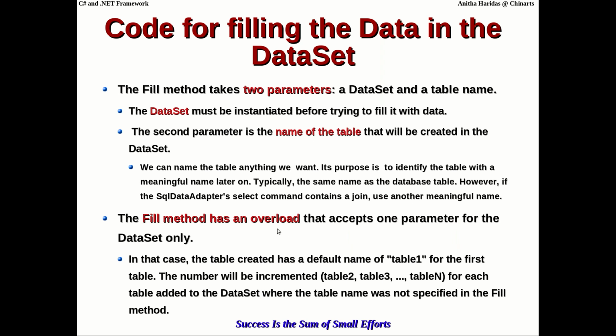If you have not given the second parameter, the table created will have a default name like Table1, and the number will be incremented like Table2, Table3, TableN for each table added to the data set where the table name was not specified in the fill method.